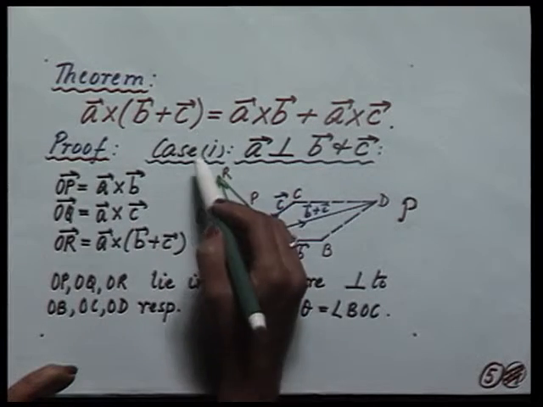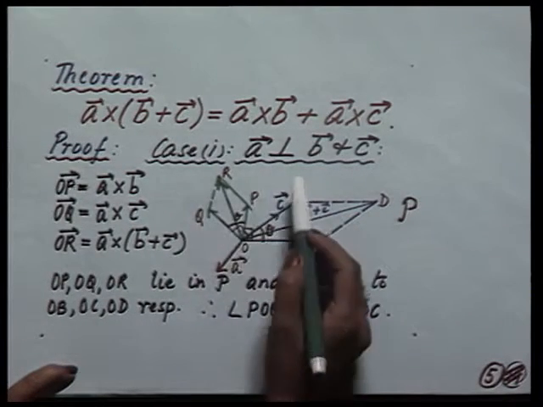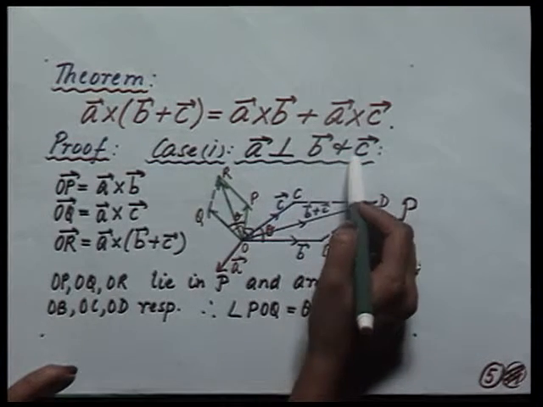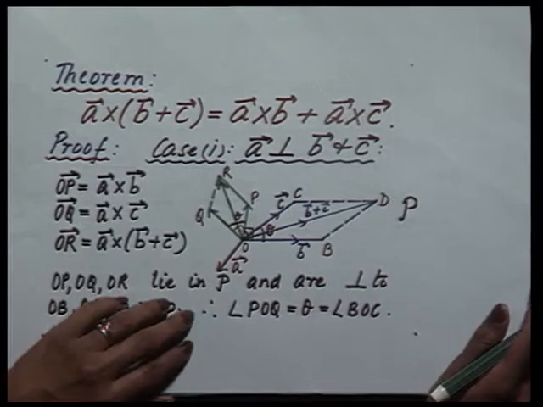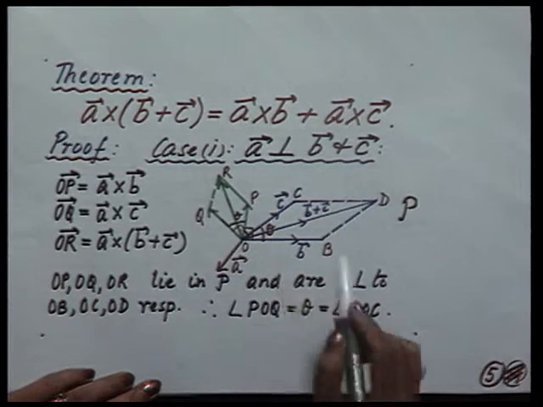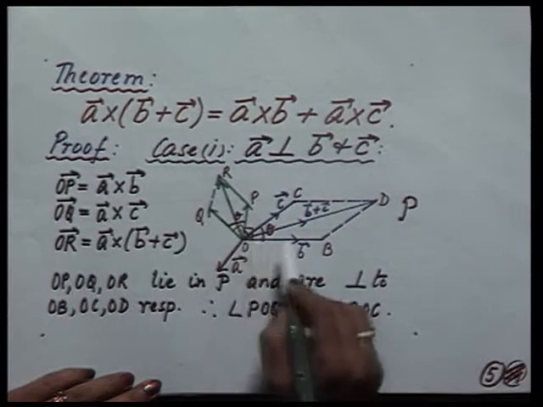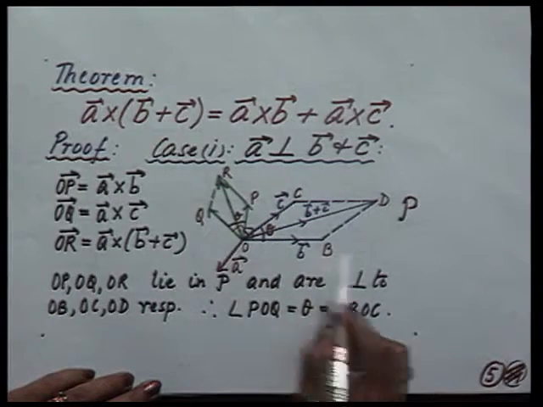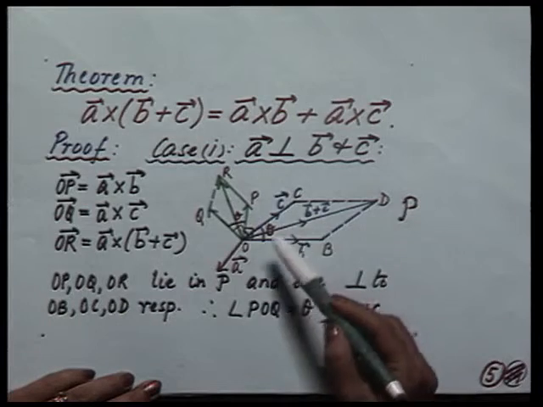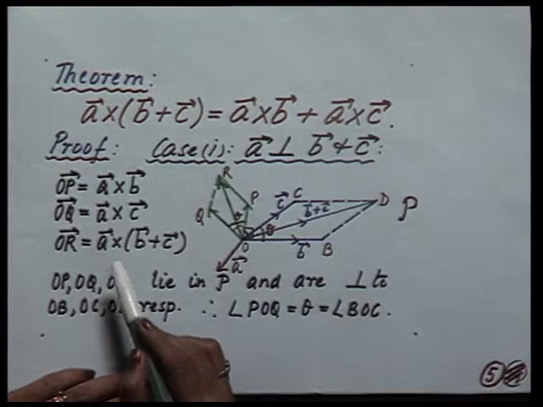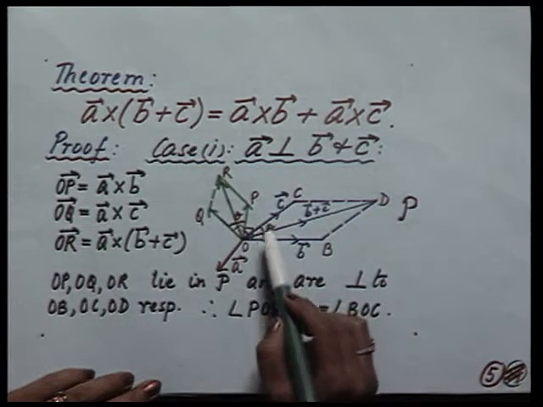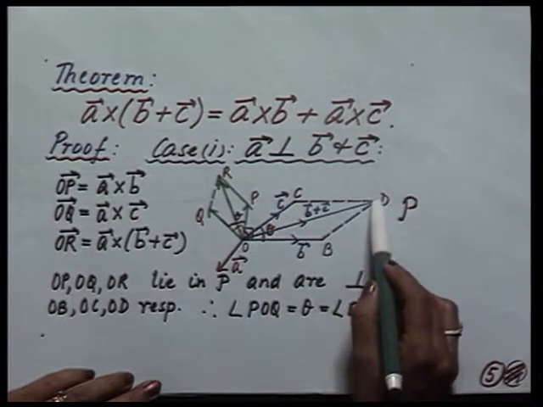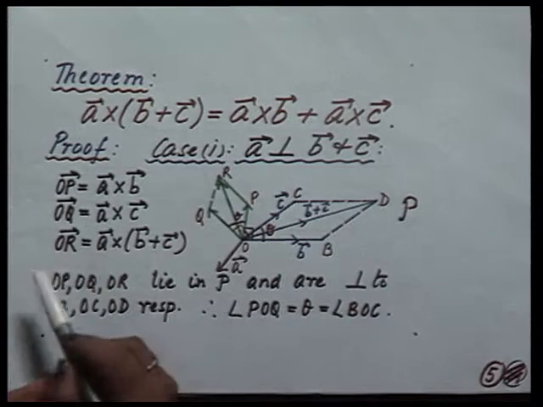So, let us first consider case 1, in which A is perpendicular to both B as well as C. Now, look at my diagram very carefully. Suppose I draw my vector B equal to OB and my vector C equal to OC, and I draw, using the parallelogram law of addition, the vector B plus C, which I call OD.